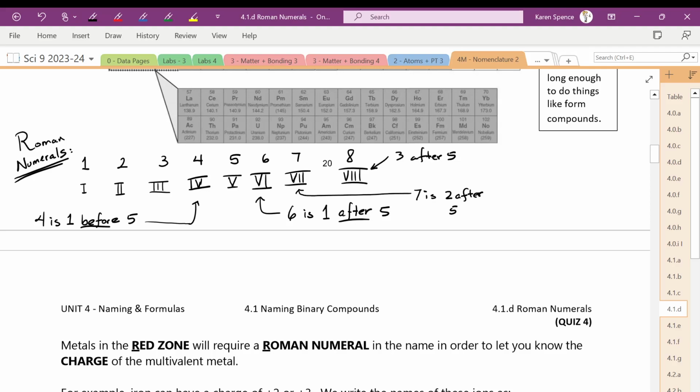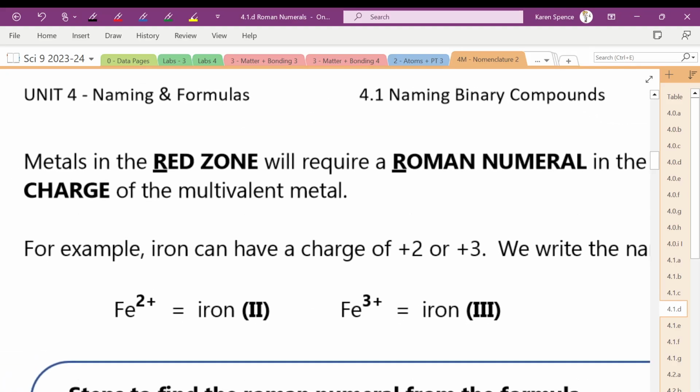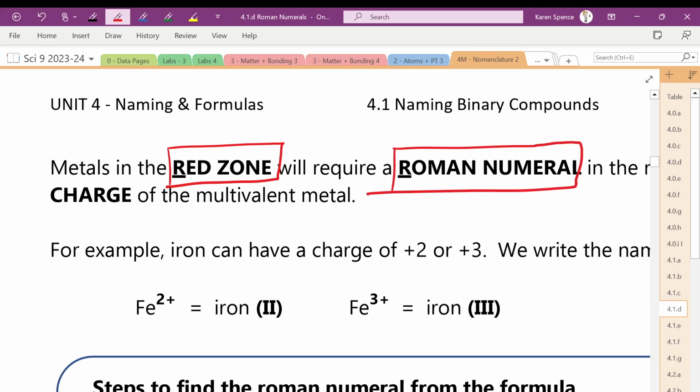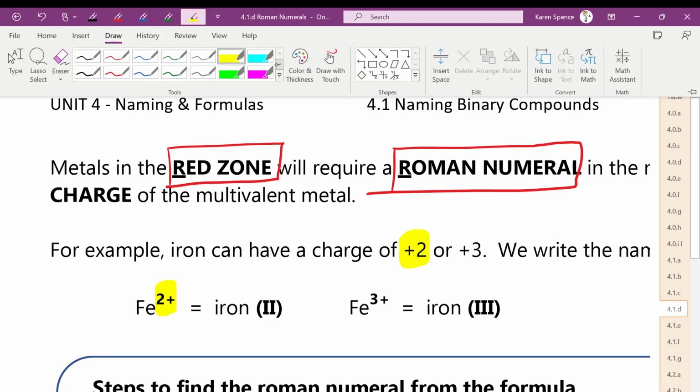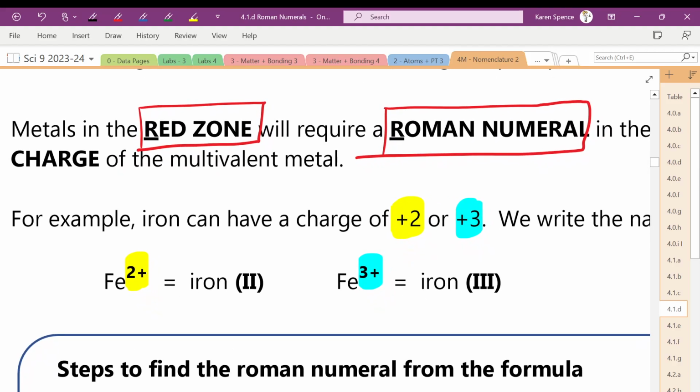So let's take a look at a couple of examples that will let us figure out how to do this. Iron is in the red zone, and it will require a Roman numeral. For example, iron can have a charge of +2, or iron can have a charge of +3. Remember, what does the Roman numeral tell us?